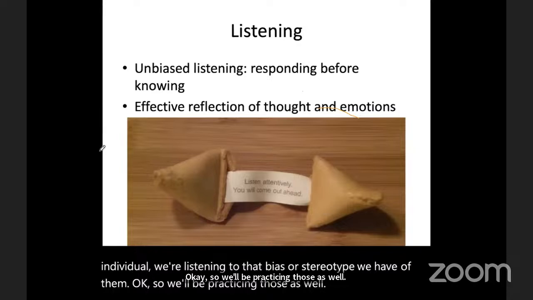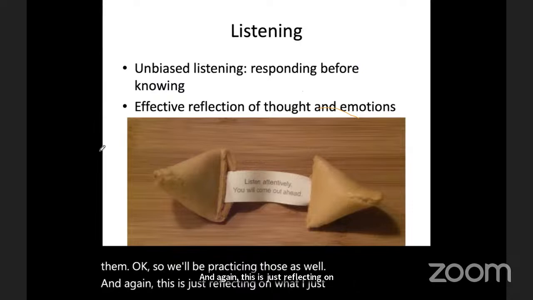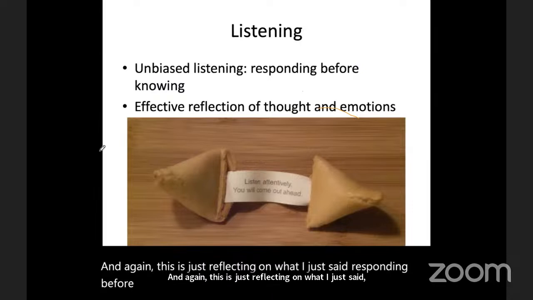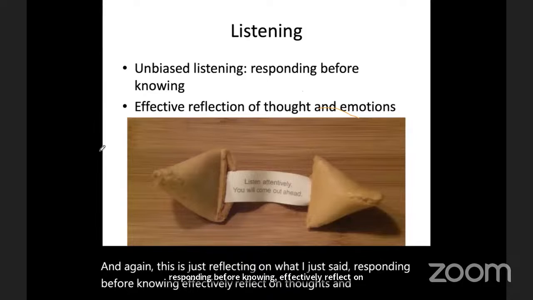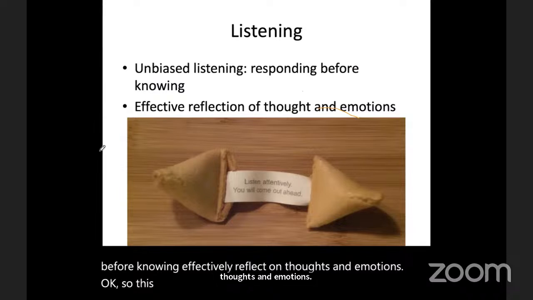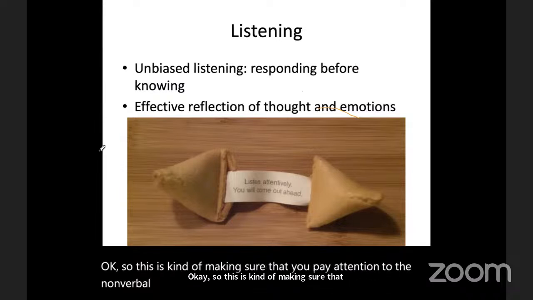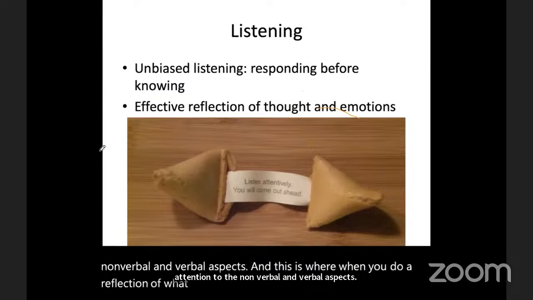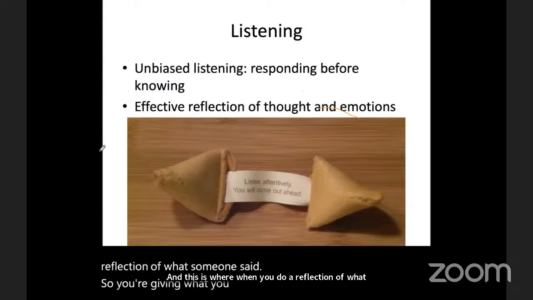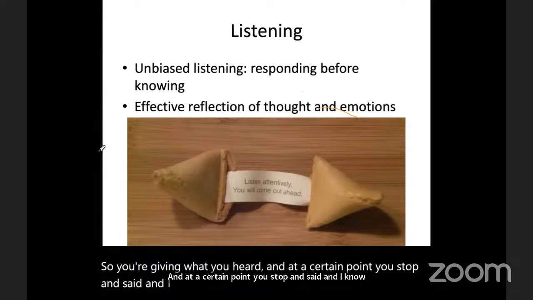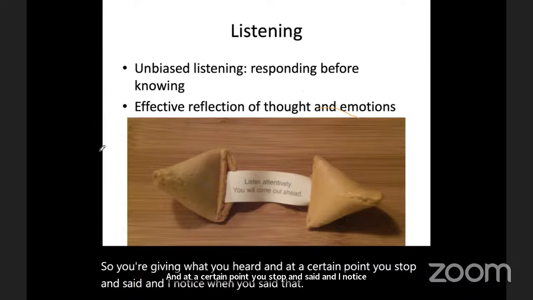And again, this is just reflecting on what I just said: responding before knowing, and effectively reflecting on thoughts and emotions. This is making sure that you pay attention to the nonverbal and verbal aspects. And this is where, when you do a reflection of what someone said, you're giving what you heard, and at a certain point you stop and say, I noticed when you said that, you kind of teared up.